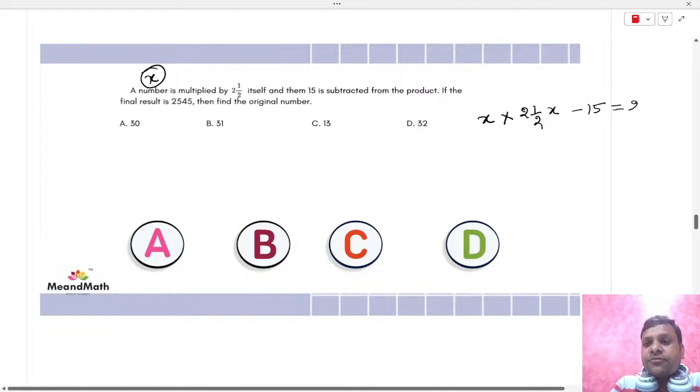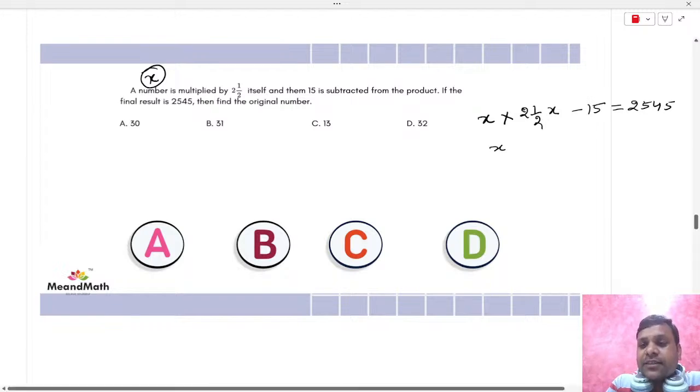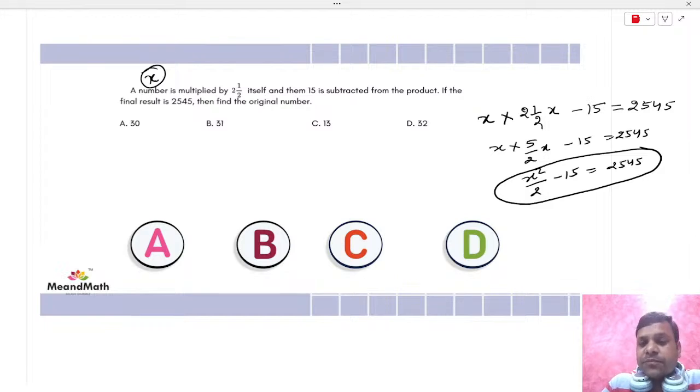The result is 2545. 2.5, if we convert this into an improper fraction, is 5 by 2. So x into 5 by 2 x minus 15 is equal to 2545. So x square by 2 minus 15 is equal to 2545. This is the equation we wrote from the word problem here.